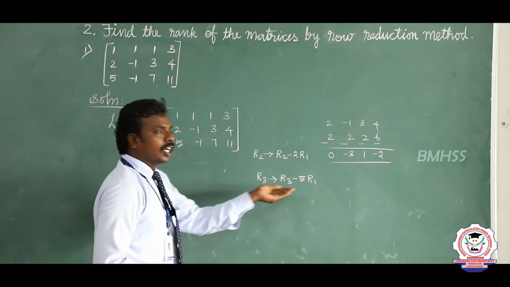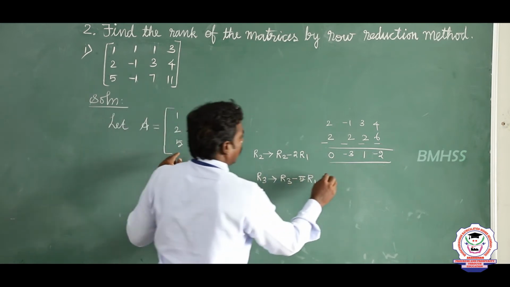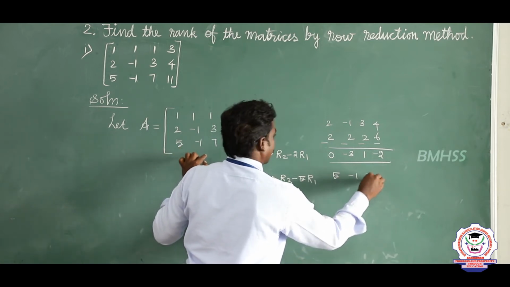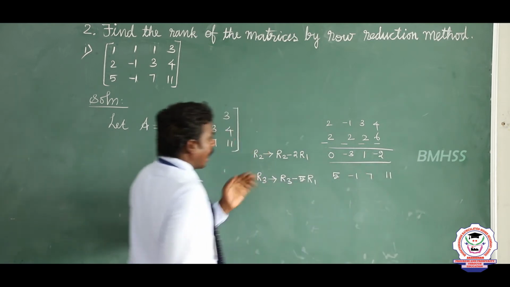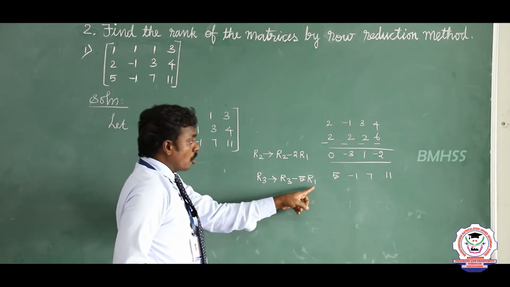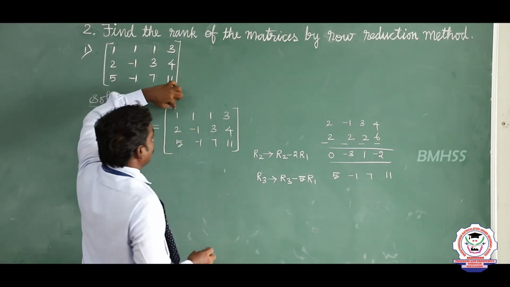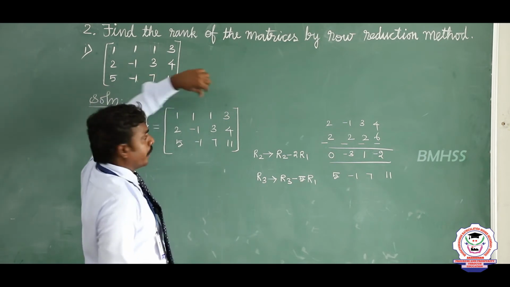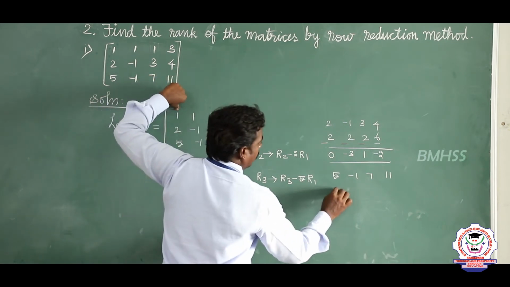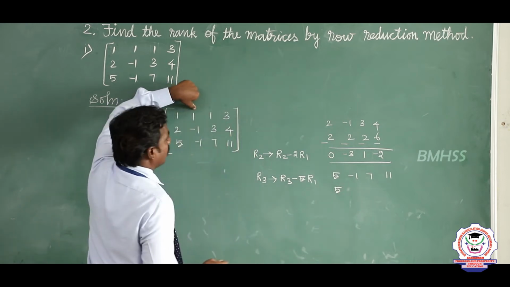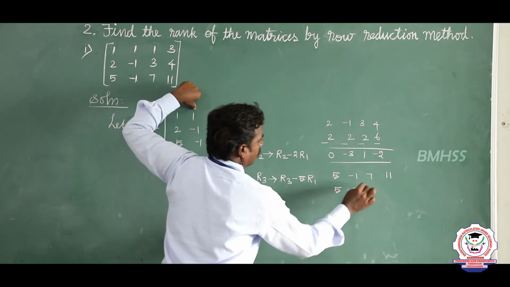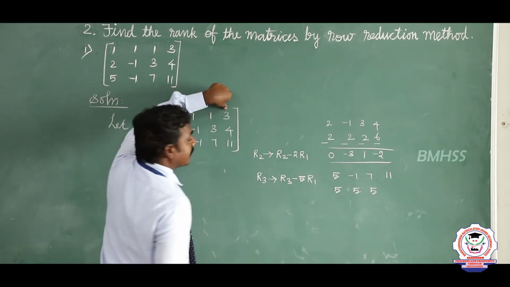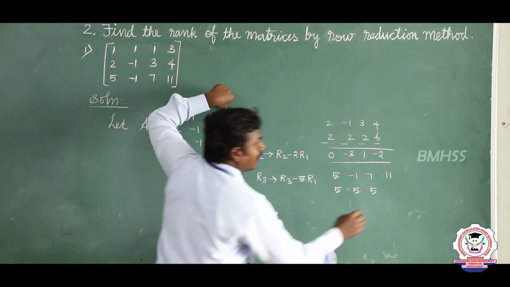First we write the third row elements: 5, minus 1, 7, 11. And the first row, 1, 1, 1, 3, every element is multiplied by 5: 1 into 5, 5; 1 into 5, 5; 1 into 5, 5; and 3 into 5, 3 fives are 15.